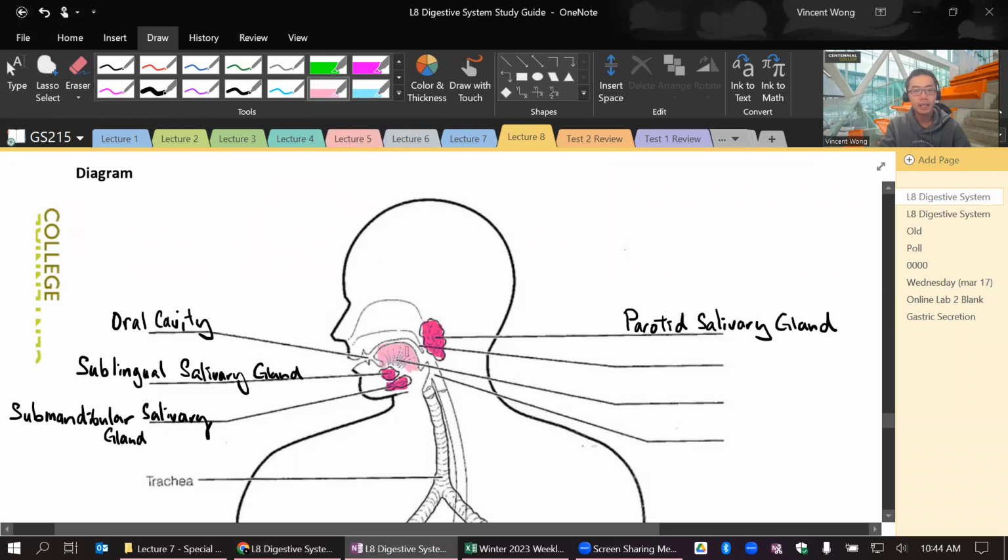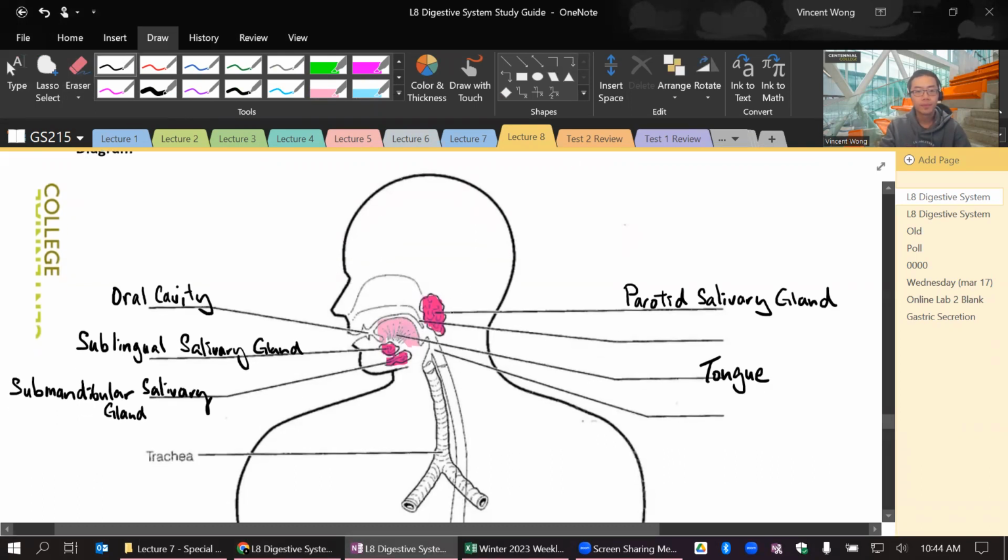And here, that is the tongue. So that's the nasal cavity. And this little thing that's dangling, that's the uvula.